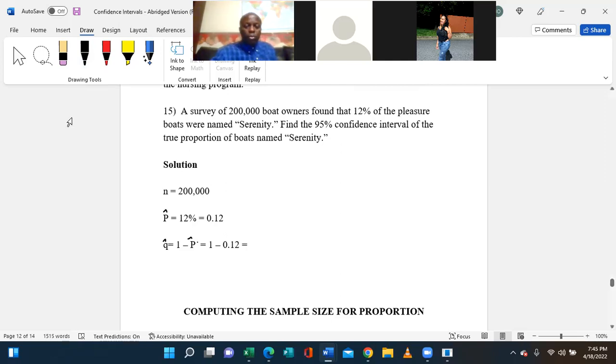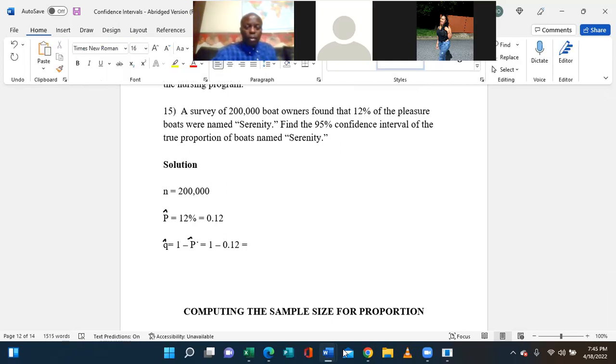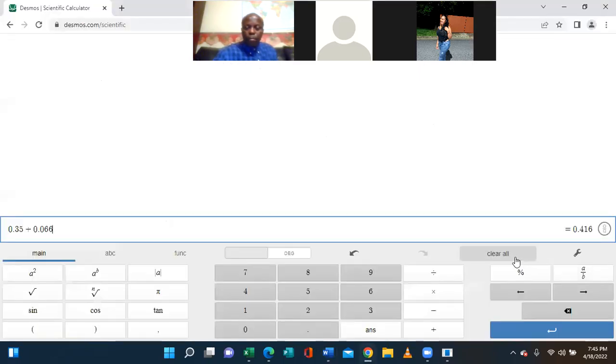So I'm going to take you to the calculator. My calculator will be somewhere here. So you have 1 minus 0.12, which is 0.88.